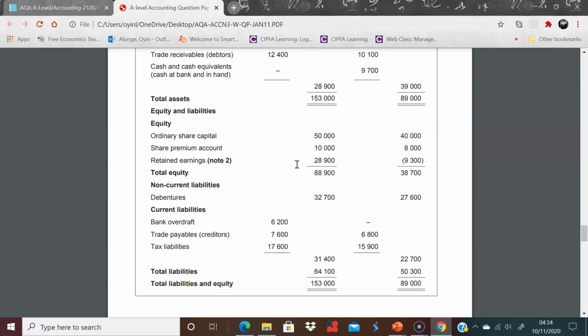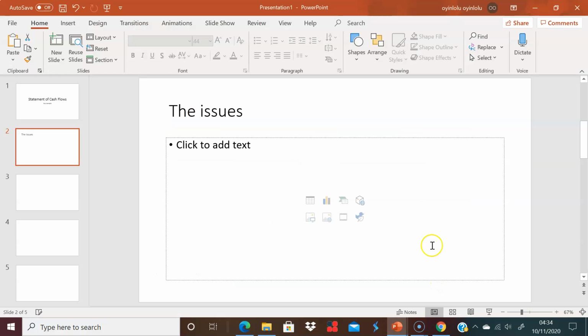Coming back up to here, I know that cash comes into the bank from three areas. I have cash flows from operations.